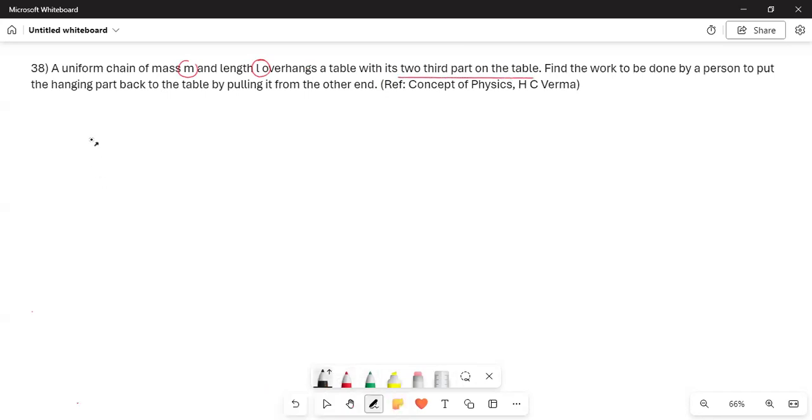That means there is a table, and there is a chain like this, and two-thirds of the chain is on the table, and its total mass is m.